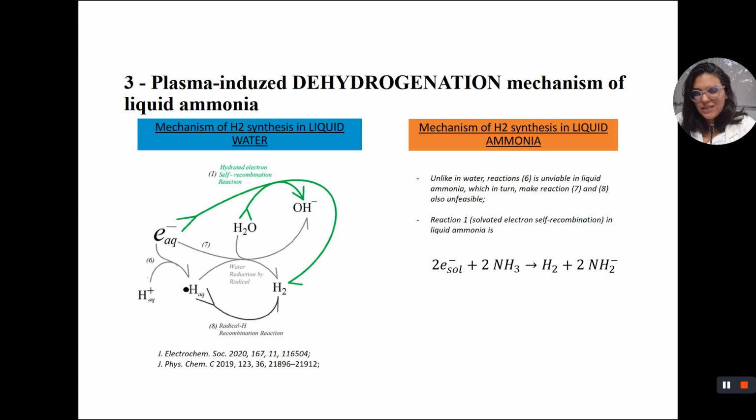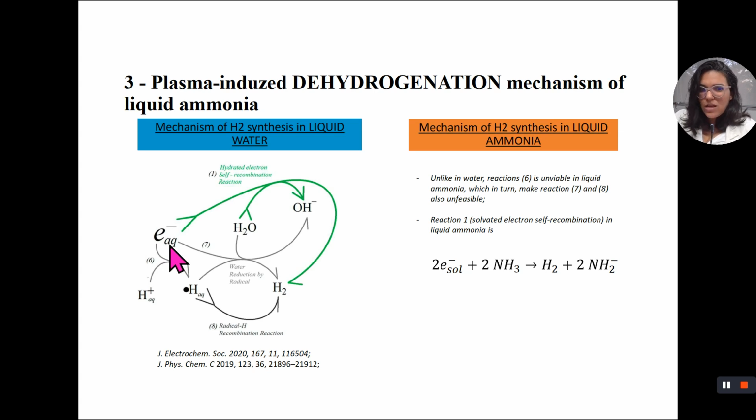As I said at the beginning, I would put much attention on the plasma electrochemistry. From this perspective, I could say that dehydrogenation of liquid ammonia would be produced by the cathodic plasma, because it is well known that this polarity introduces solvated electrons in the liquid phase. The hydrogen production by solvated electrons was already discussed for liquid water.